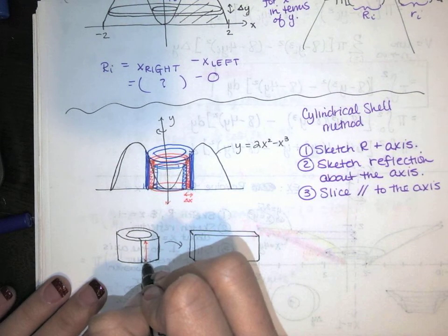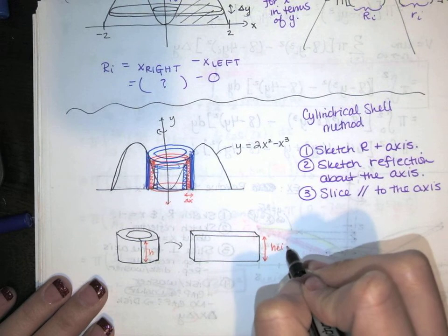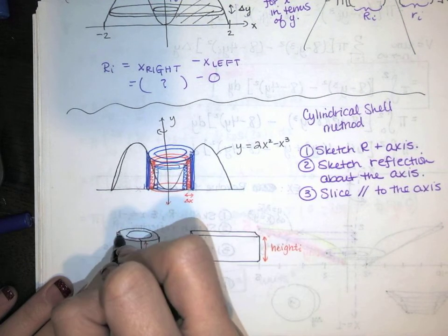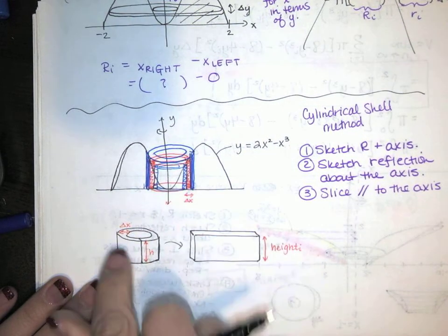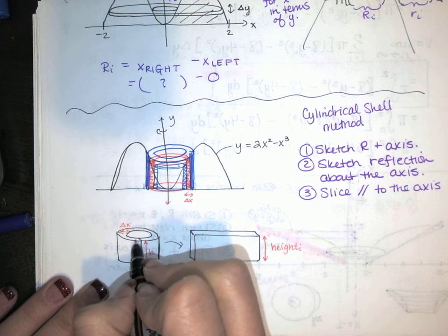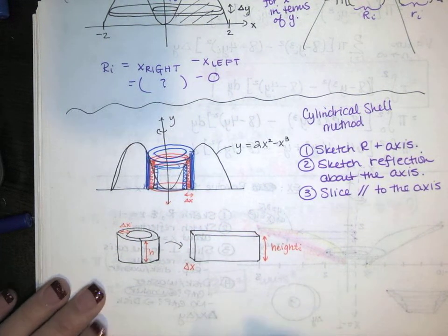The height of the shell is the height of that rectangular slab, so that hasn't changed. And that thickness of this shell, that distance from there to there, that delta x, that came from the thickness of that rectangle. So I took that rectangle and I rotated it around. It has a width of delta x. So that shell has a width of delta x. So that's delta x.